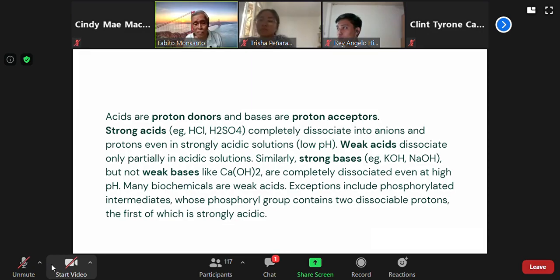Protons, no? They're proton donors. What about bases? They accept hydrogen or protons. Very good. Now, give me an example of an acid.